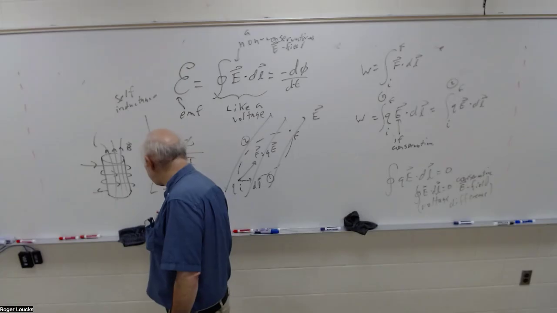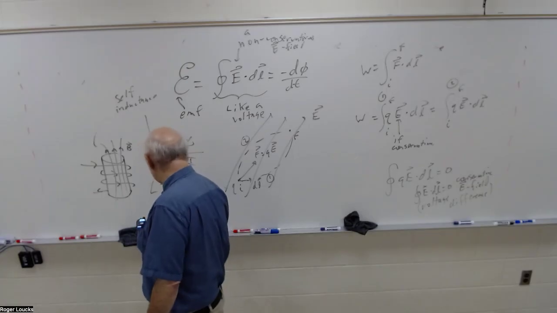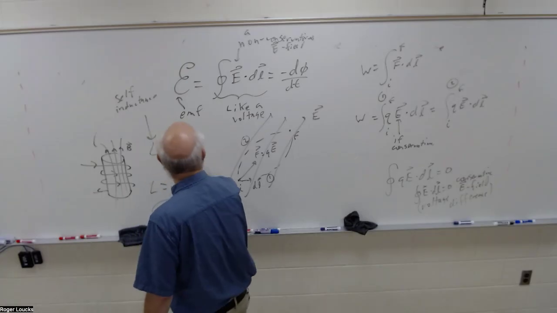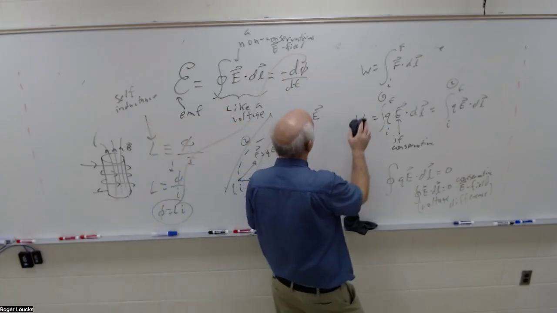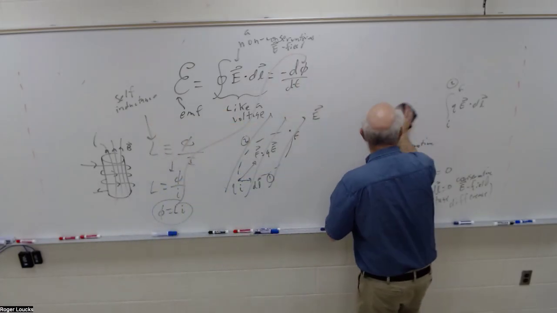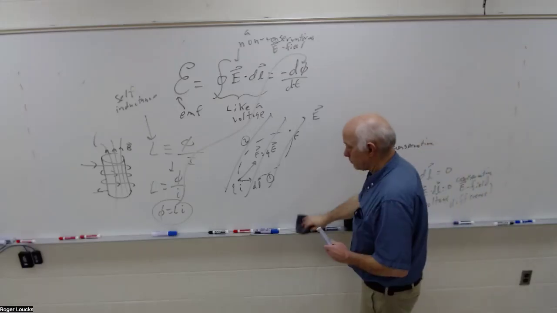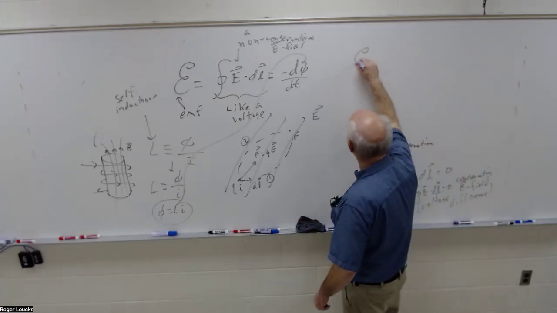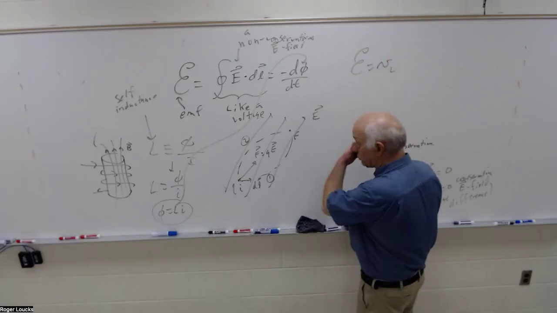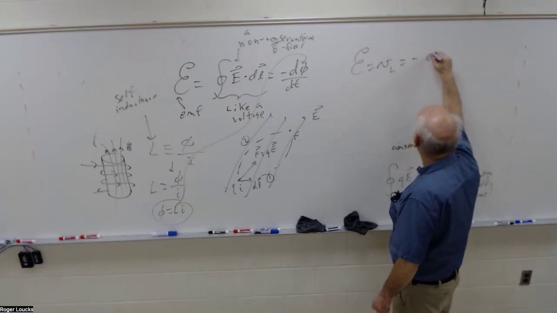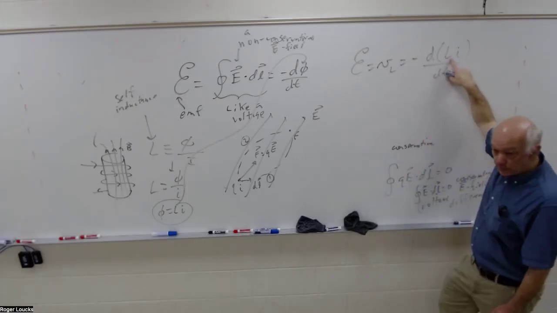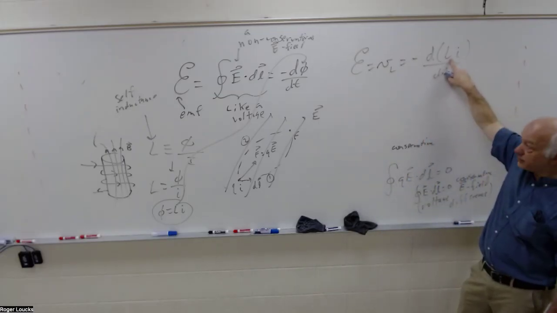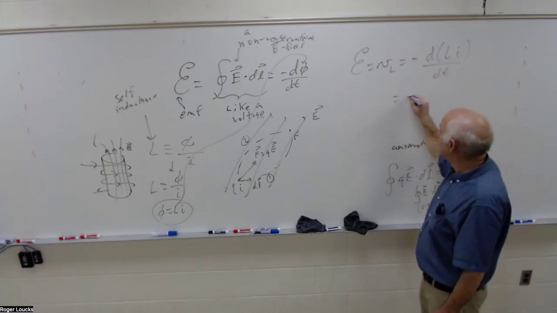So if I solve for this phi, I get L times I. If I take this and put it into here, what that tells me is that this, which is really my voltage on the inductor, is going to be minus d(L I)/dt. L is independent of the I, it depends on the geometric factors, so I can pull that out.